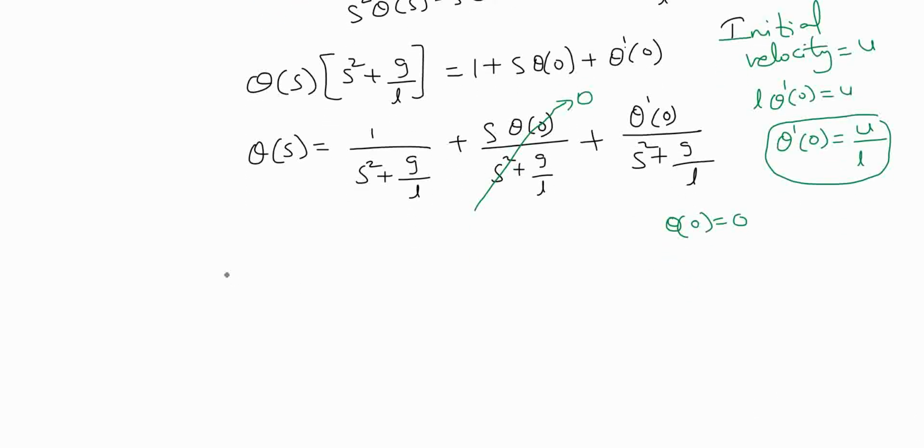So now I have to do the inverse transform to get the result. So theta of t is equal to, what I will do is I will divide and multiply with square root of g. So here omega n, basically natural frequency, is equal to square root of g by l.